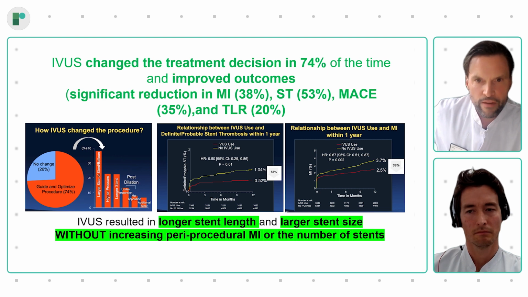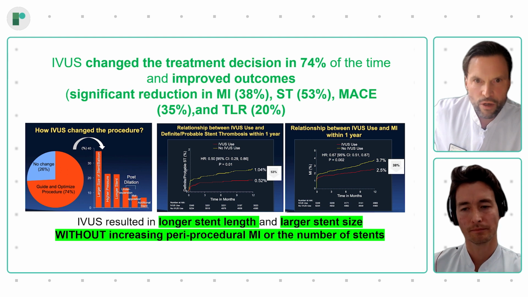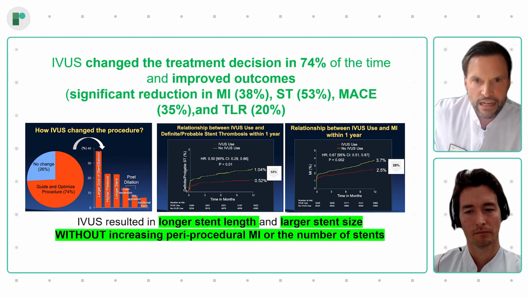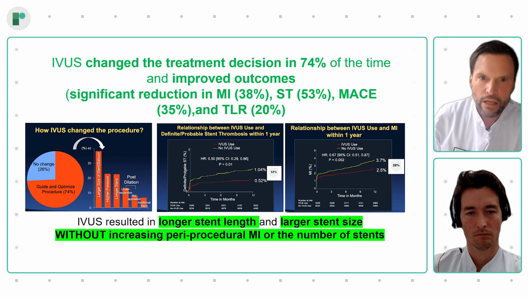And it's not that the patient received a stent or not, but what is more important, that you adapt your strategy concerning the length of the lesions, and more importantly, how big the stent has to be to cover the lesion and to treat the patient with good outcomes.